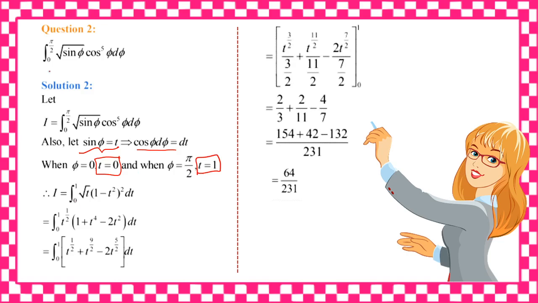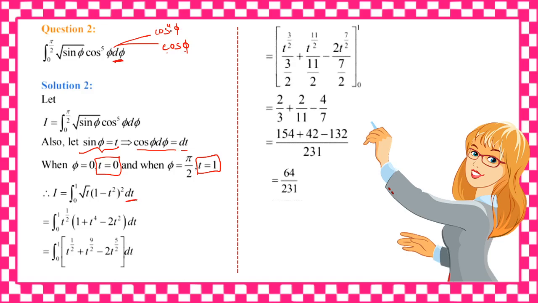0 to 1, root sine phi, it means root t. Now this cos 5 phi, students, can be written as cos 4 phi and cos phi, because cos phi d phi is equal to dt.